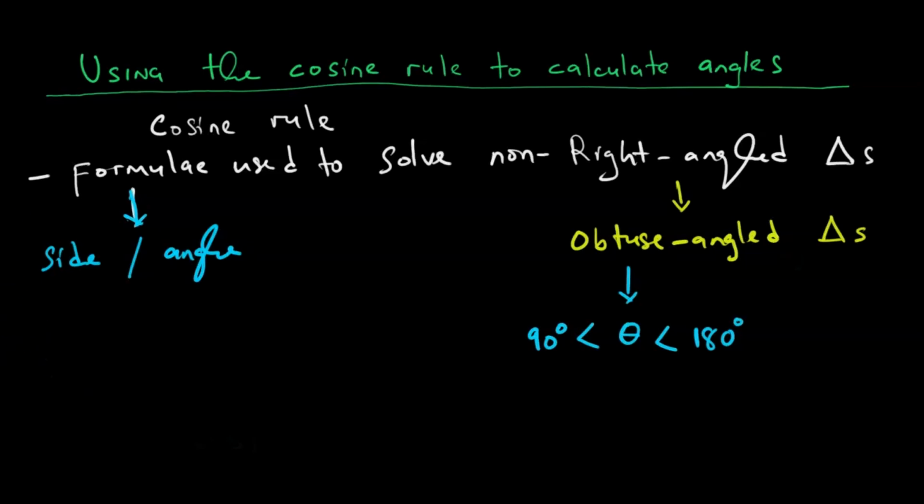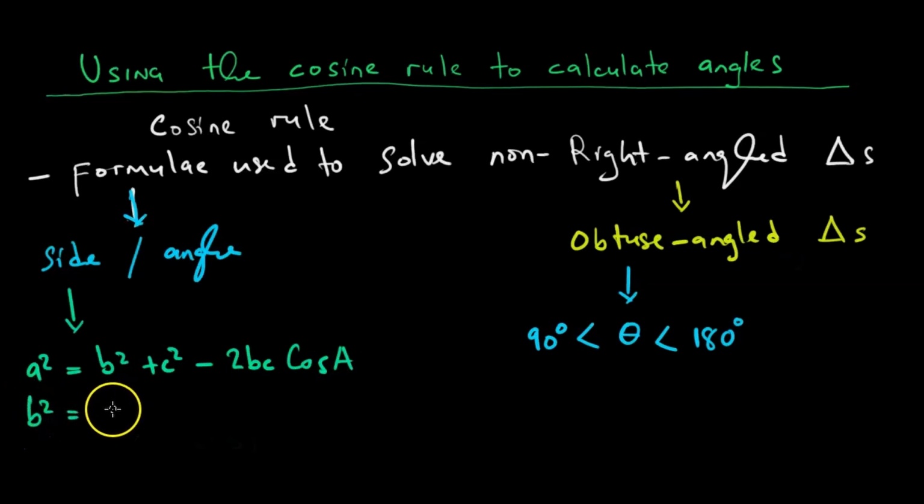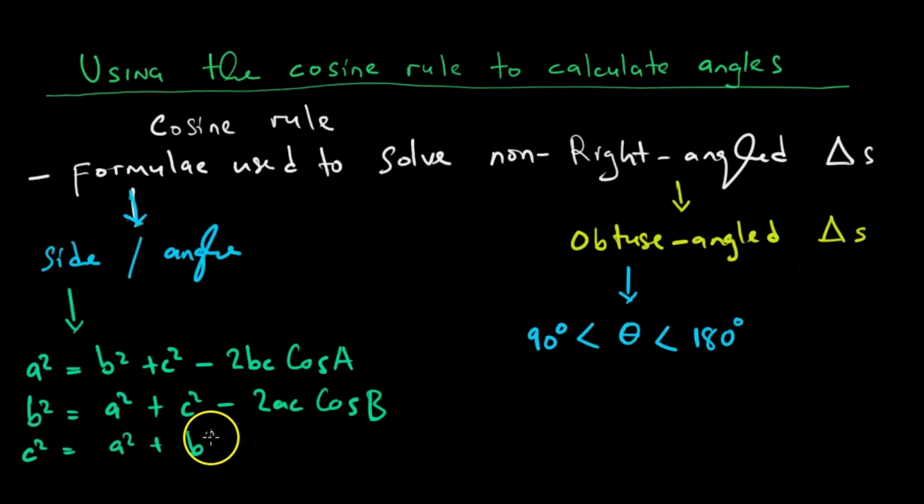A squared is equal to b squared plus c squared minus 2bc cos A. B squared is equal to a squared plus c squared minus 2ac cos B. And lastly, c squared is equal to a squared plus b squared minus 2ab cos C.